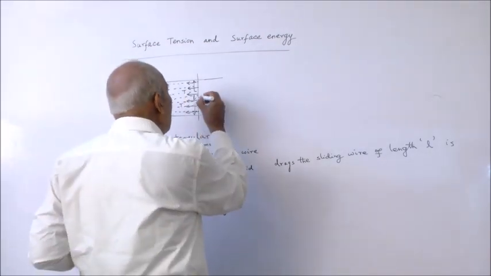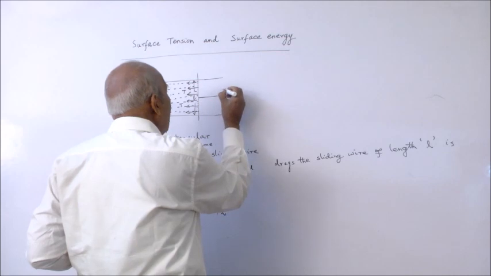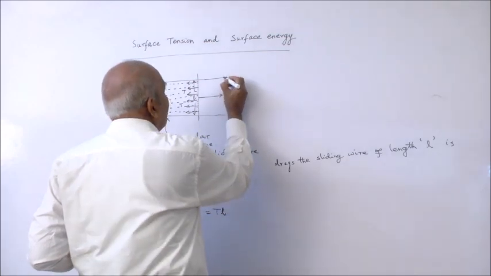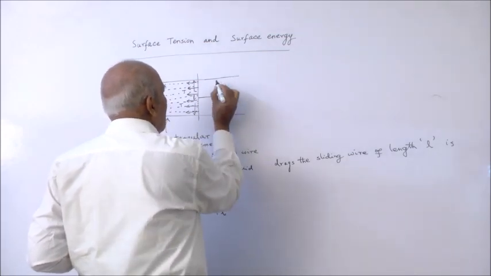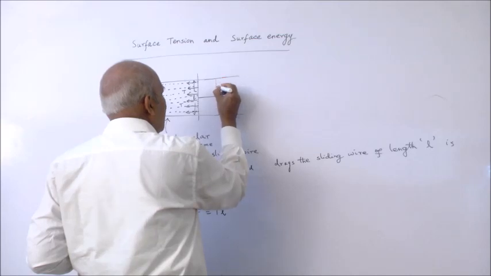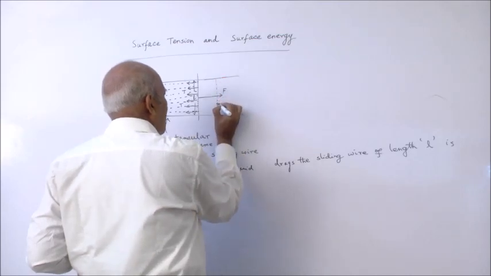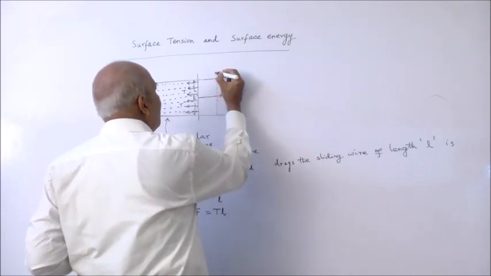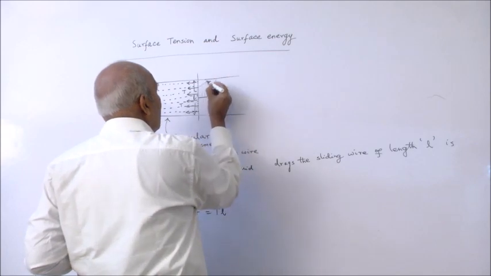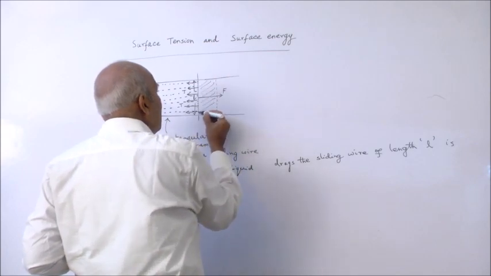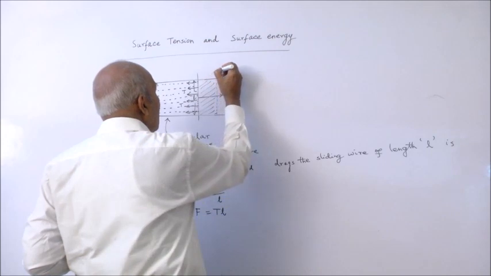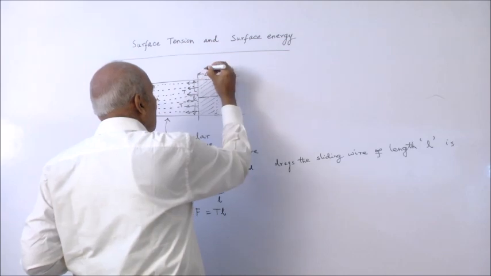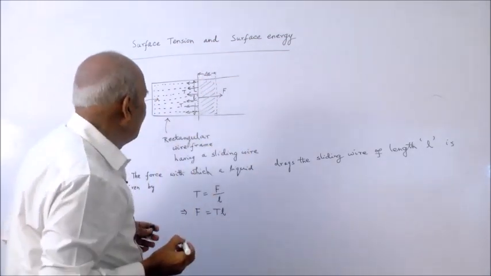And if we apply a force F on the sliding wire so as to increase the surface area of the liquid like this.